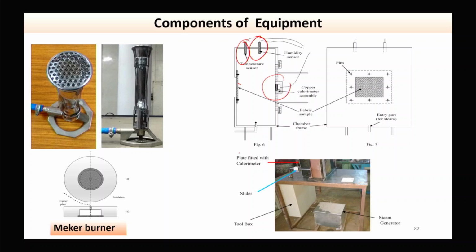Through this pipe the moisture can be pumped in to change the relative humidity, and this distance can be adjusted, as I have shown. This distance can be adjusted to adjust the microclimate thickness, and here we can see the copper calorimeter, the pins and fabric, and the copper calorimeter is connected with the computer.